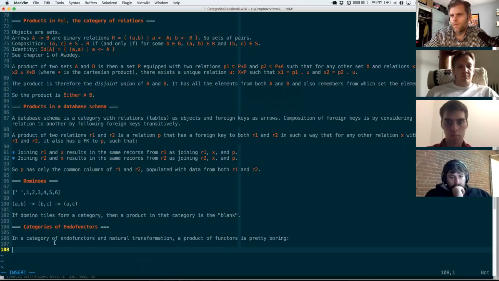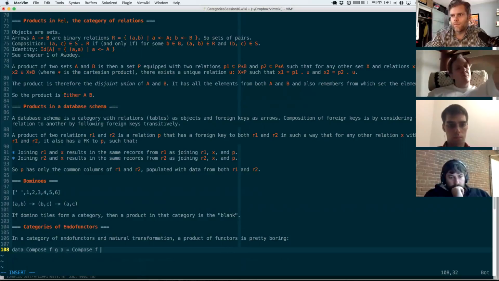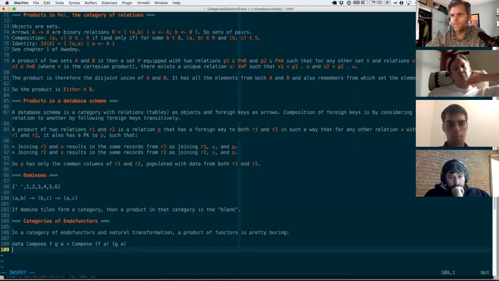Yeah, and then I was looking into, well, are there products in categories of functors? And that actually turns out to be super boring. It's just compose FG. The product of 2 functors, sort of component-wise, is just super boring.